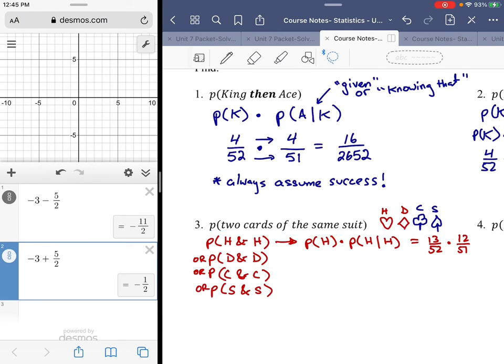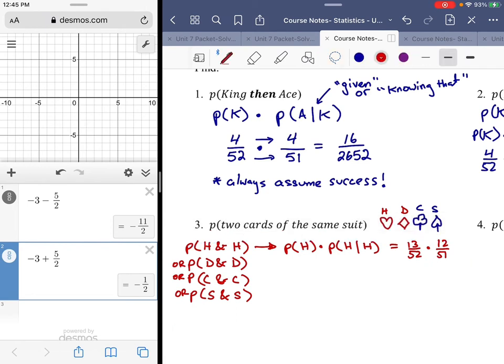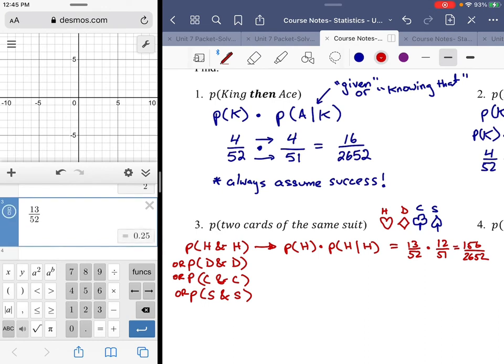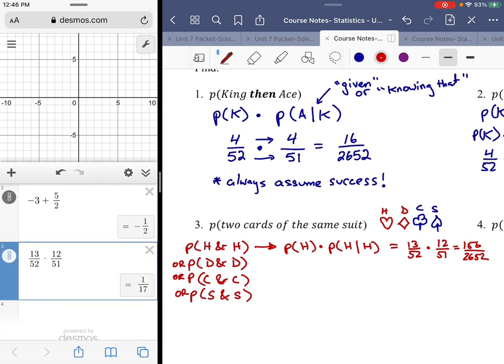So, if I can get this to go straight, that tells me that I have a product of 156 out of 2652. 13 out of 52 times 12 out of 51. You get that decimal, but you can convert it over to a fraction. If you want, you can make it 1 over 17. That's fine. I say leave it this way because we haven't finished the other parts of the problem.